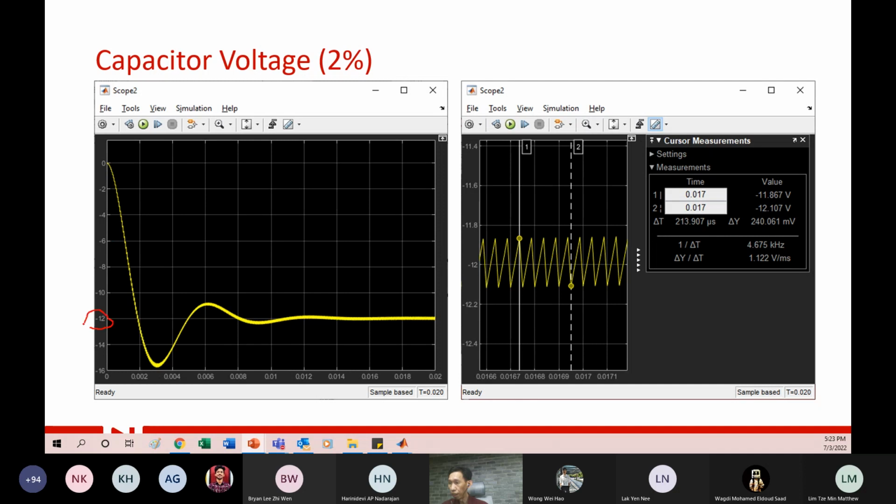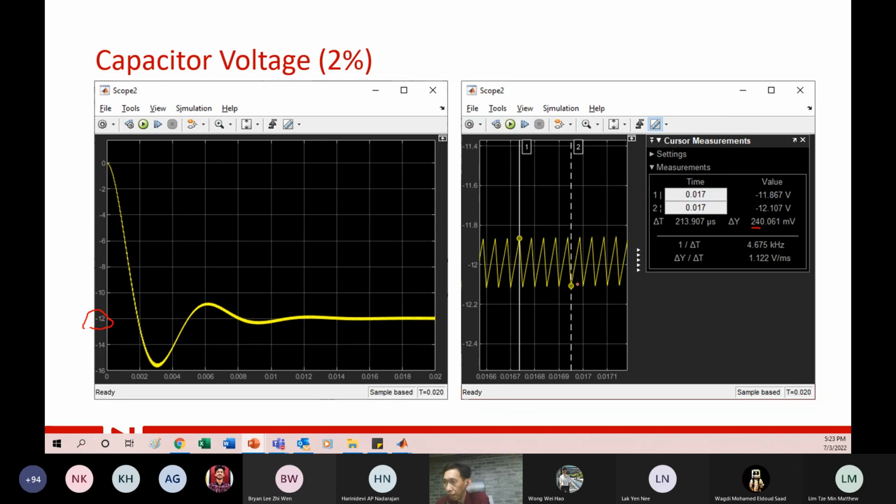Then you can measure the peak, 2%. 1 amp, 2%, because this is 12 volt, so it's roughly close to 2%. From real measurement, you can validate that your inductor is correct.